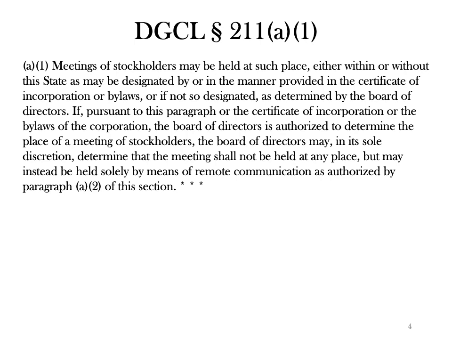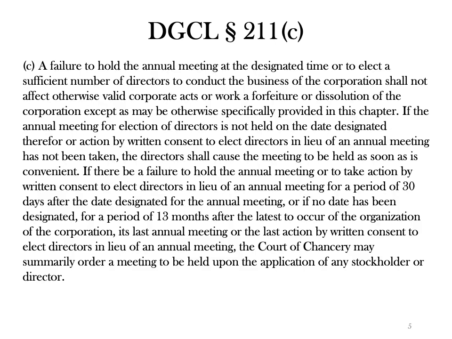Obviously, in the COVID era, that's the way things are going. If the board doesn't hold an annual stockholder meeting after a certain amount of time, a stockholder can petition a court to force the corporation to hold a stockholder meeting.